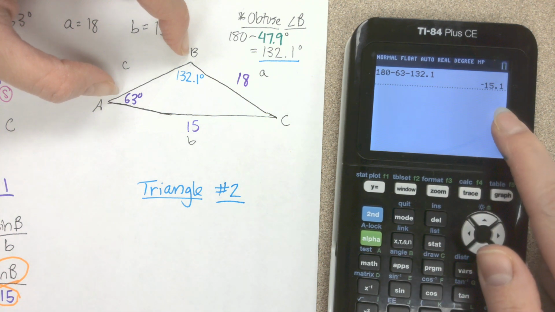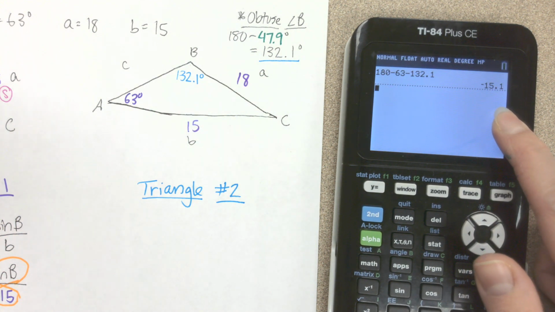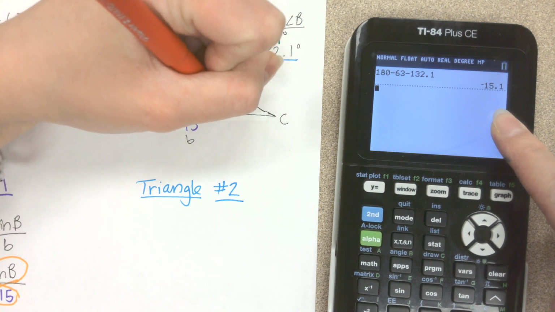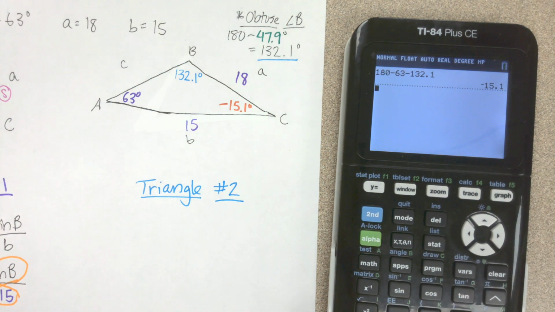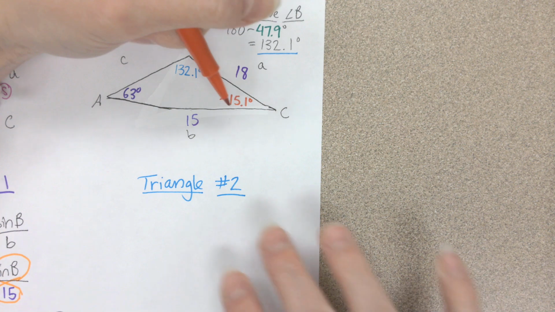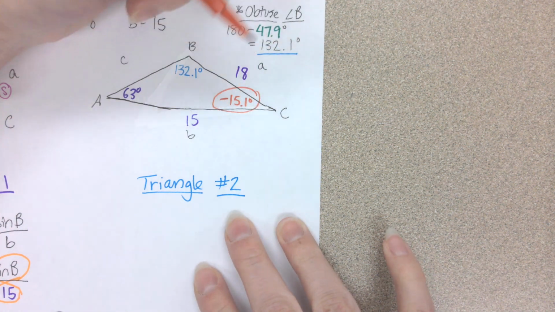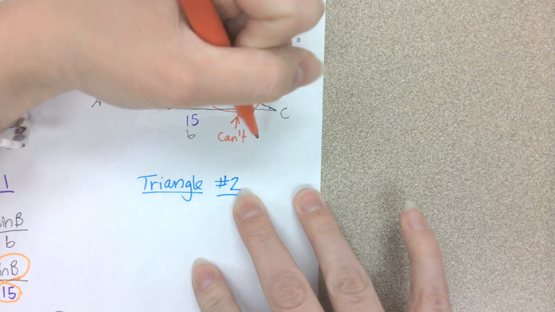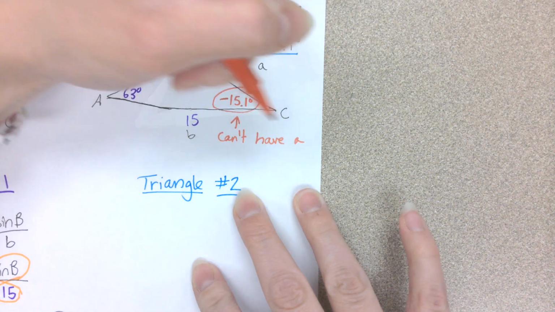And we get a negative value. Now obviously you cannot have a negative angle inside of a triangle. We can do negatives on the circle, but not inside of a triangle. Can't have a negative angle.